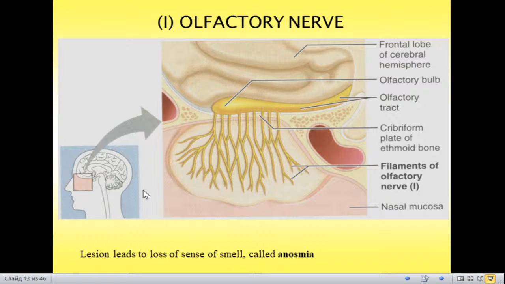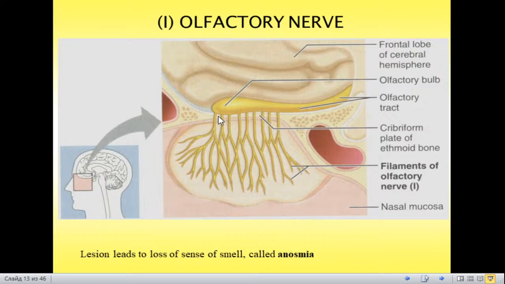In this case, you have to start to describe in detail the topography and pathway of the smell analyzer. As you know, first neurons are located in the nasal mucosa lining the superior nasal concha and superior nasal meatus. Here, sensory neurons have peripheral processes forming receptors, central processes form many fila olfactoria, together known as olfactory nerves.